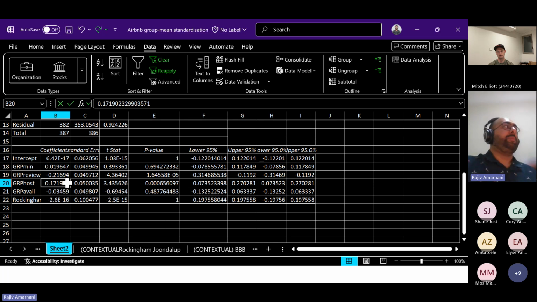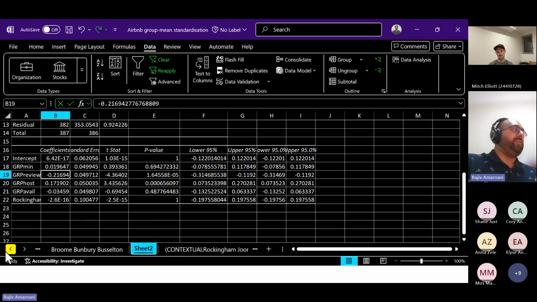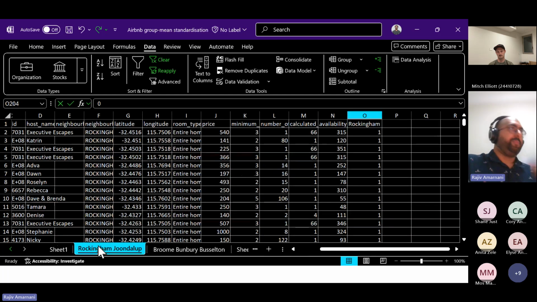So if a property has more host listings relative to other Rockingham properties, it's 17 cents more, which is not a lot. Oh, no, standardized. So it's 0.17 standard deviation. So basically, reviews here has a stronger effect. But that is now group contextualized rather than in general.